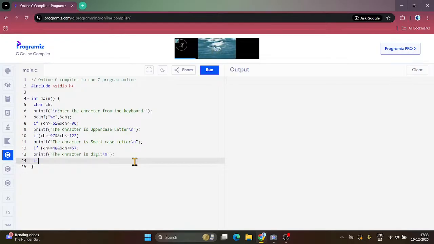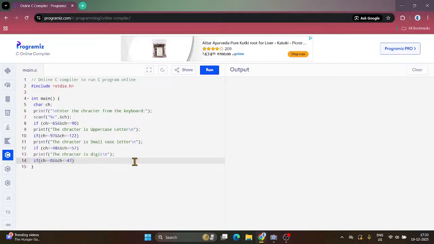If CH is greater than or equal to 0 and CH is smaller than or equal to 47. Is it L or I?